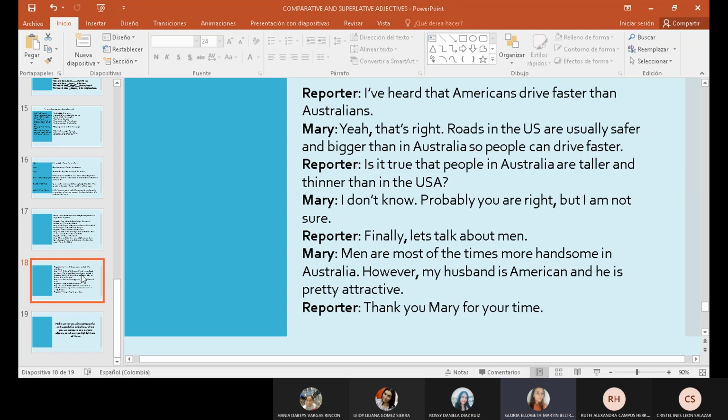I've heard that Americans run faster than Australians. Yeah, that's right. Roads in the US are usually safer and bigger than in Australia, so people can drive faster. Is it true that people in Australia are taller and thinner than in the USA?